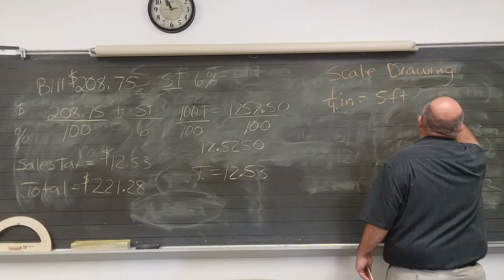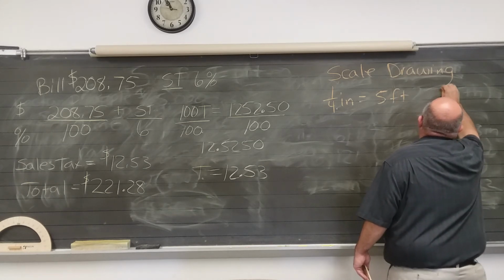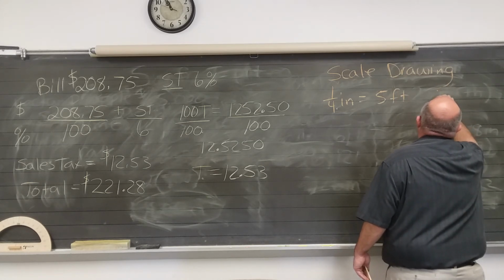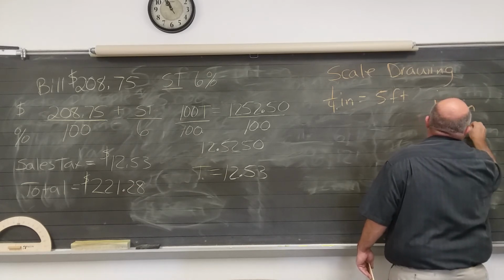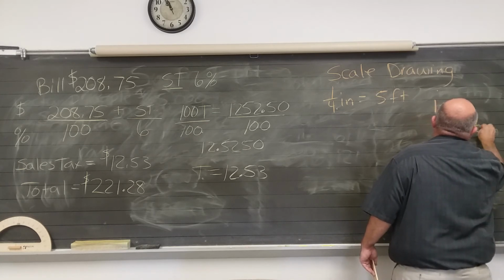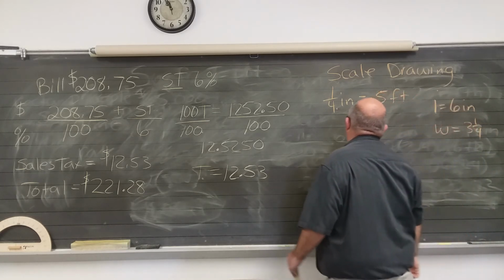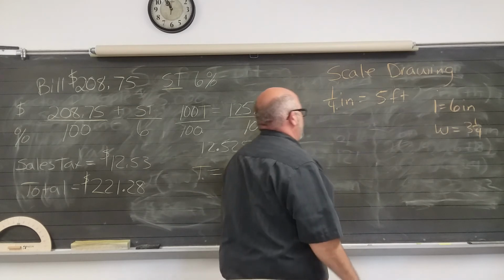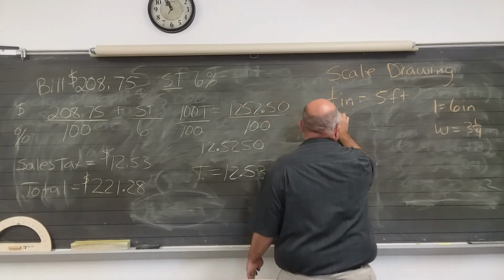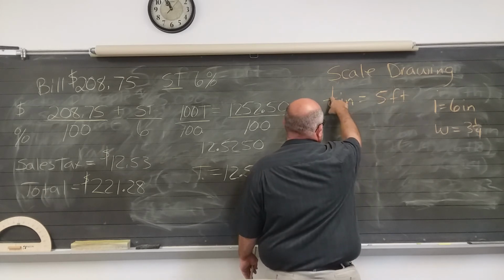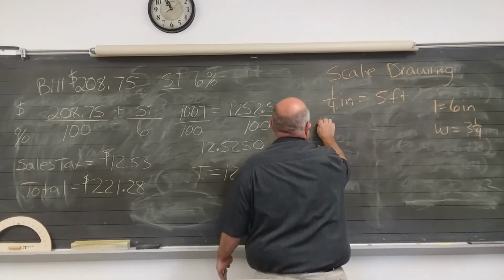The drawing's length equals 6 inches and width equals 3 1/4 inches. All right? So to find the length, you can work with this proportion right here.